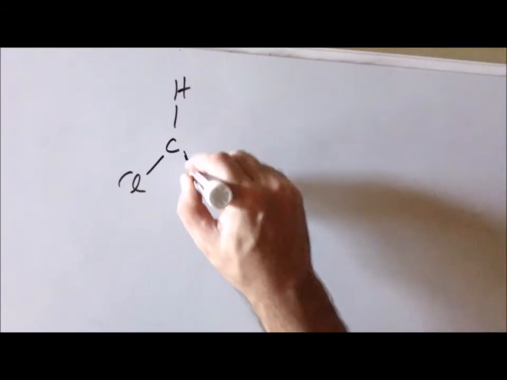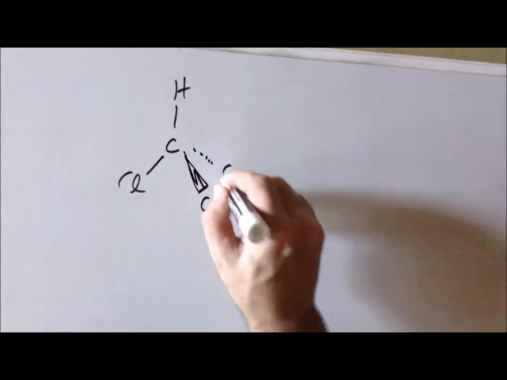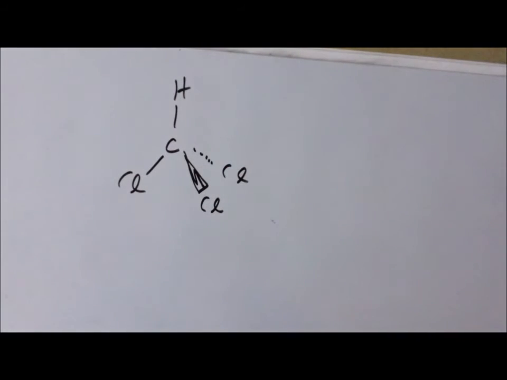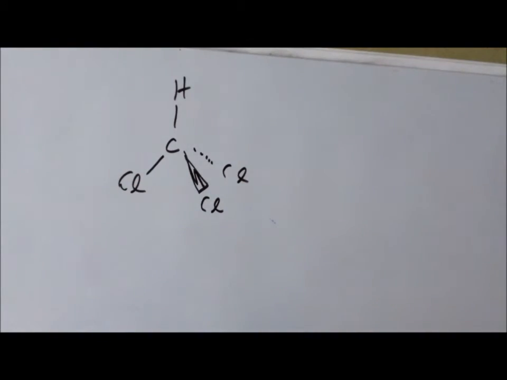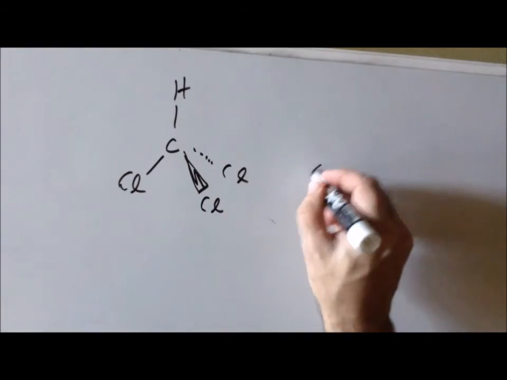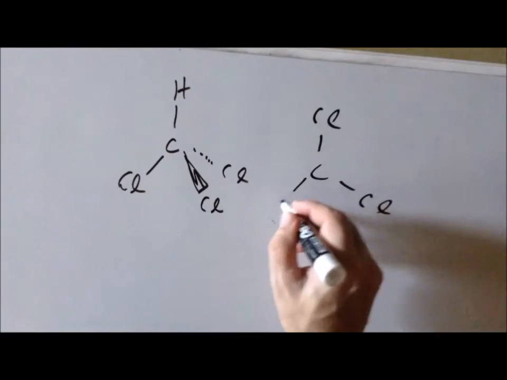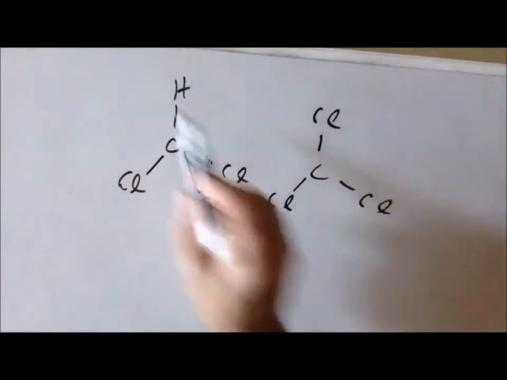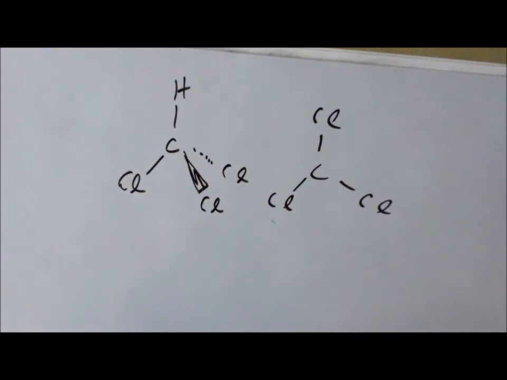If we look from the bottom of this molecule, we could also draw it in such a way that we look up so that the hydrogen is actually behind the carbon. If I look at it this way, I notice the 3-fold symmetry of the 3 chlorine atoms. If I rotate the chloroform molecule along that axis by 120 degrees, I have a C3 rotation.